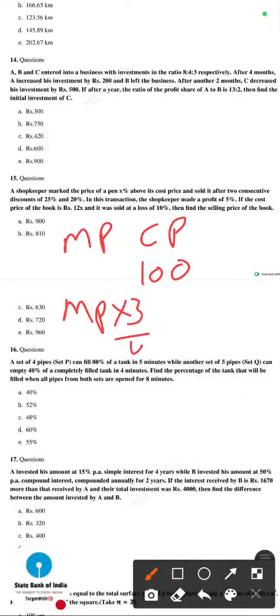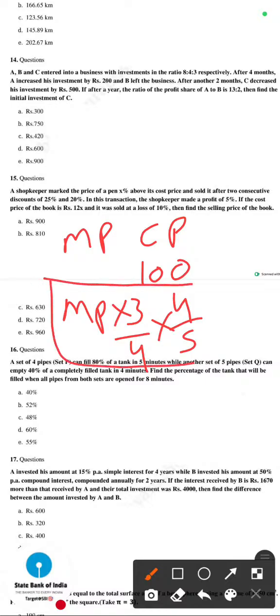And the next discount is 20%, means 1/5 discount given, means 4/5 left. So this total is nothing but the selling price, and it is sold at a profit of 5%, so the selling price will be 105. So MP into 3/4 into 4/5 whole equals 105.